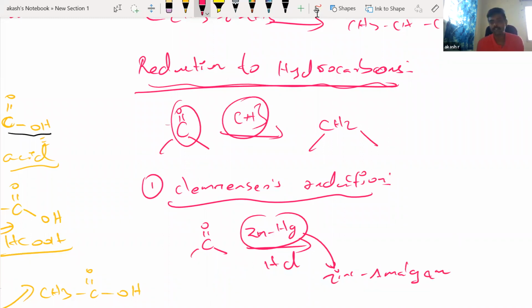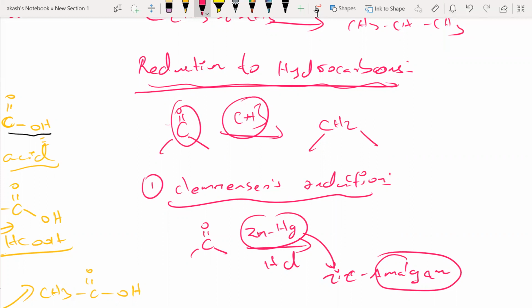Before we move on to see what exactly is happening, can you tell me what you mean by an amalgam? What is an amalgam? Don't just say mercury. A compound formed by mercury? A compound formed by mercury plus any other metal to form an alloy is called amalgam.